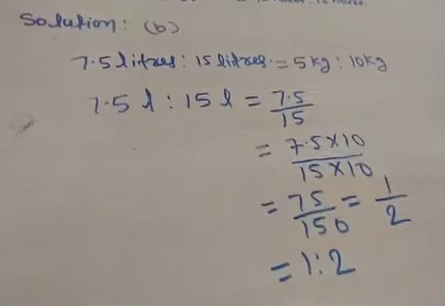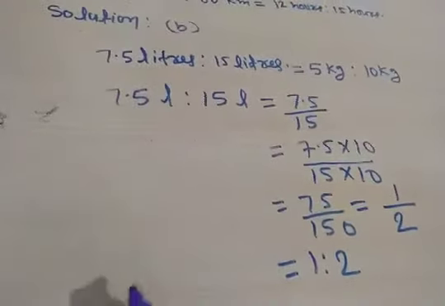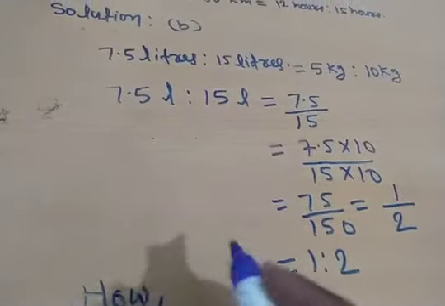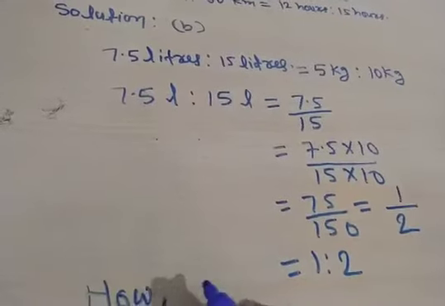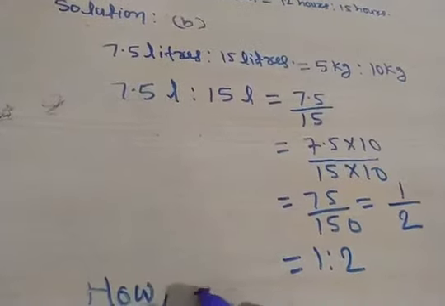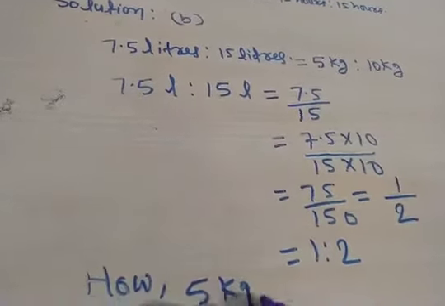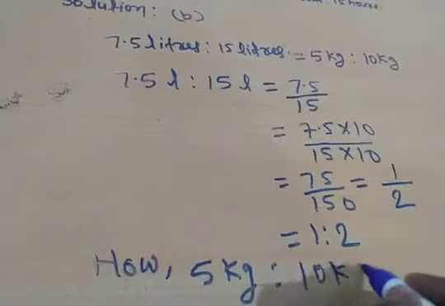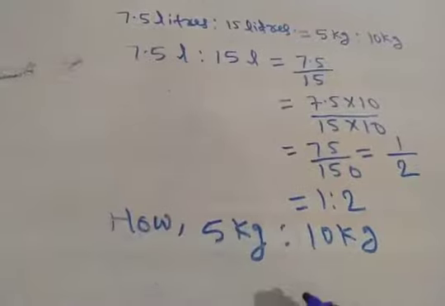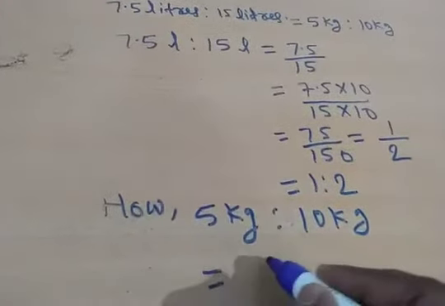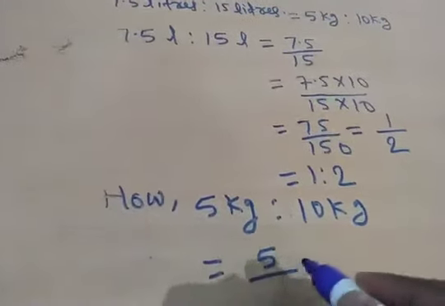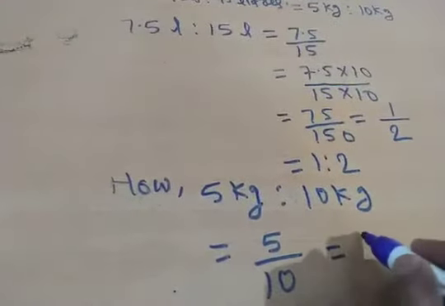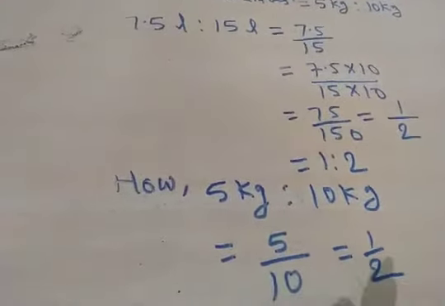Clear? Now what is the right hand side? 5 kg ratio 10 kg is equal to 5 by 10. You can write it as 1 by 2.